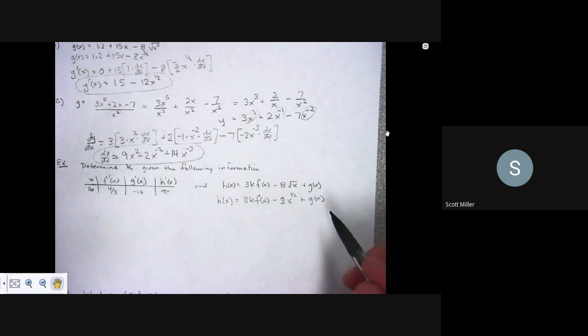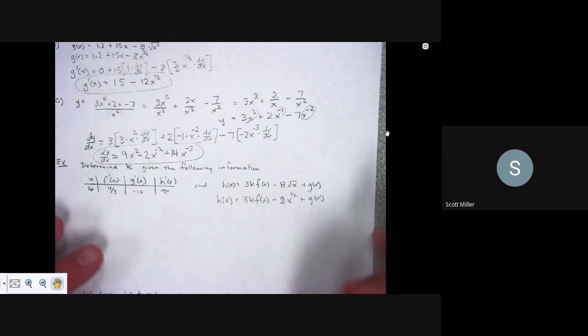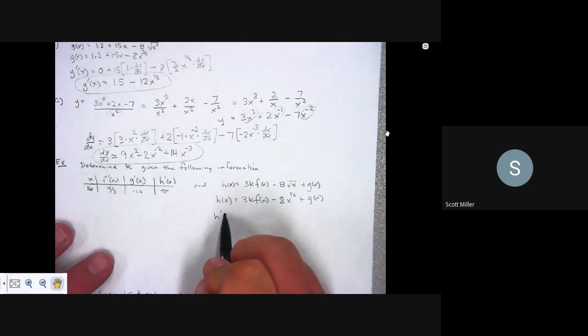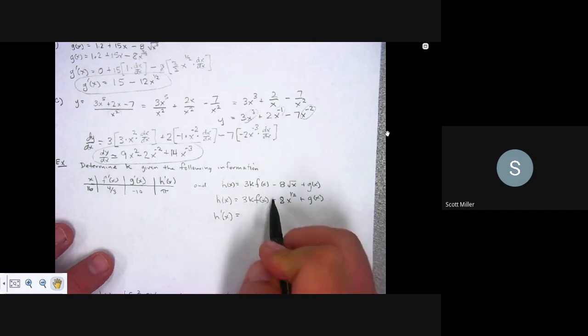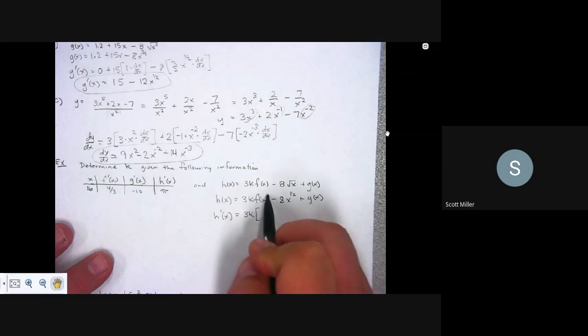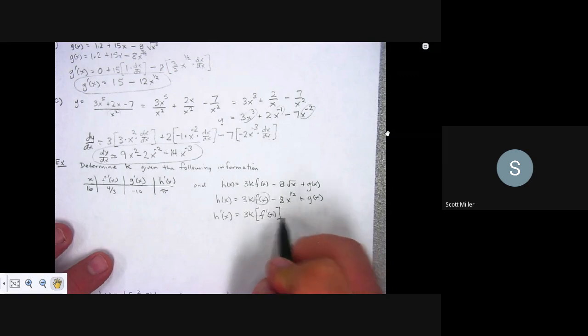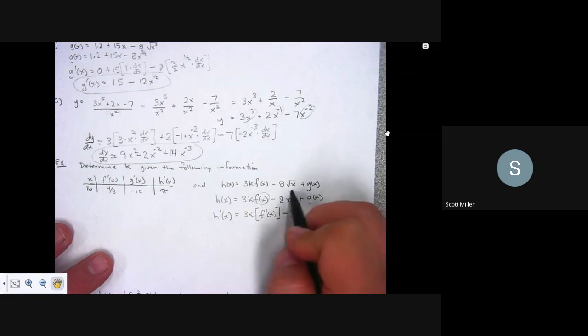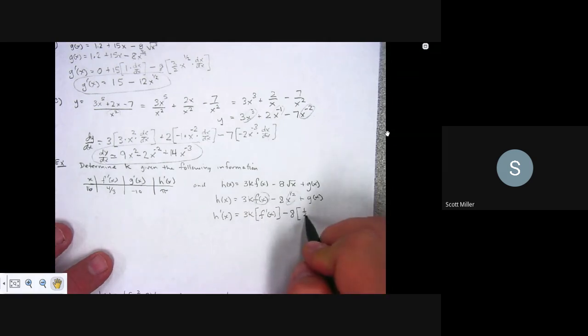Now I'm going to take its derivative. What is the derivative of h with respect to x? It's the constant times the derivative of that function with respect to x, which is f prime of x, minus the constant times the derivative of that function, which is 1/2 x, and then lower the power by 1, dx/dx.